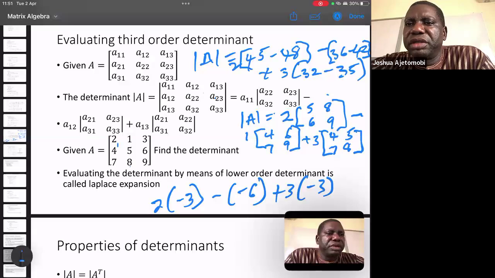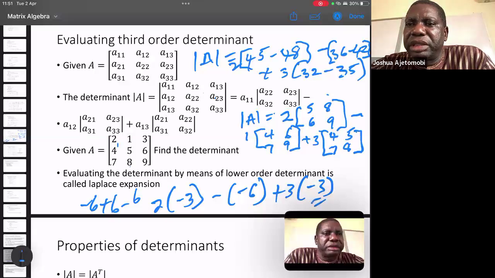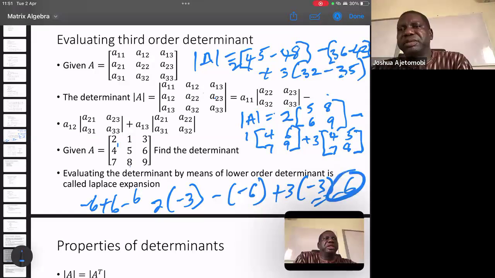So this is minus 6 plus 6 minus 9, which is equivalent to minus 9. So the determinant is minus 6.